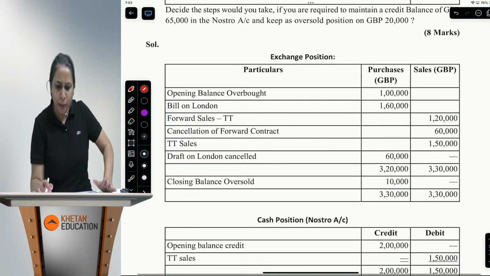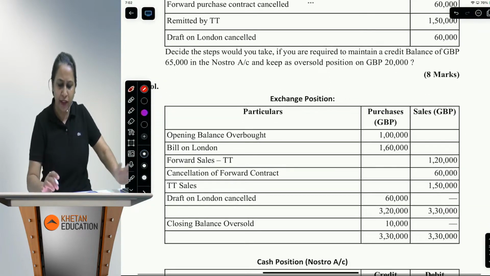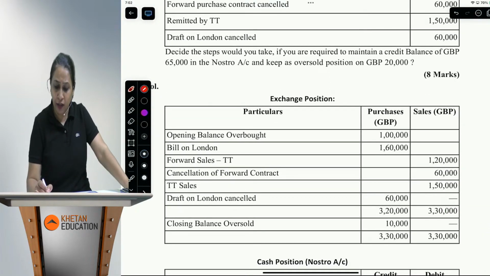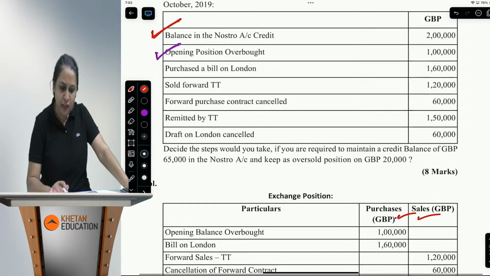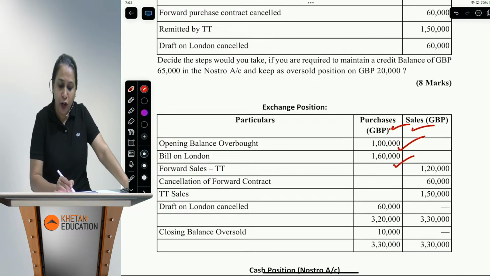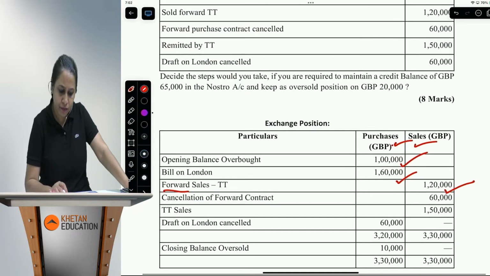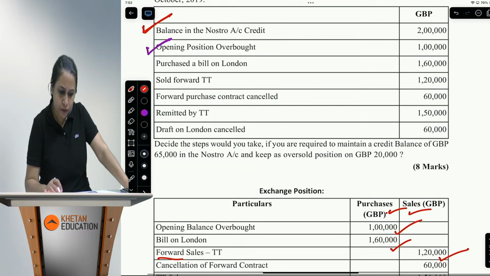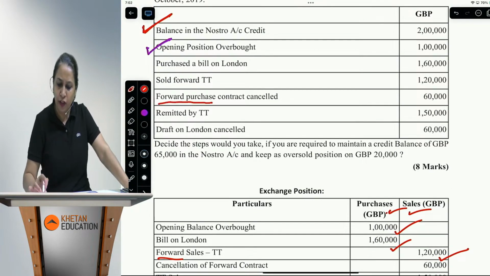Now when you are preparing the exchange position, look at this: opening balance overbought, purchase and sales, two columns are there. Purchased bill on London, entry taken. TT sale, forward TT sale, but they will enter definitely. Cancellation of the forward contract: you bought forward, so in order to cancel you will put into the sale 60,000.